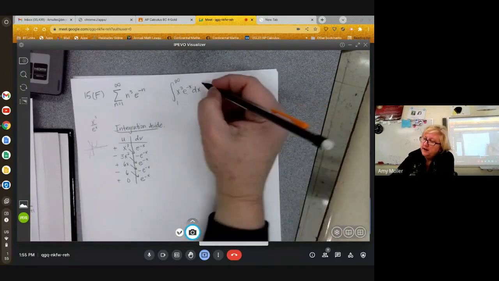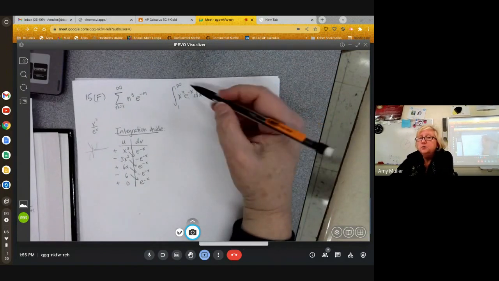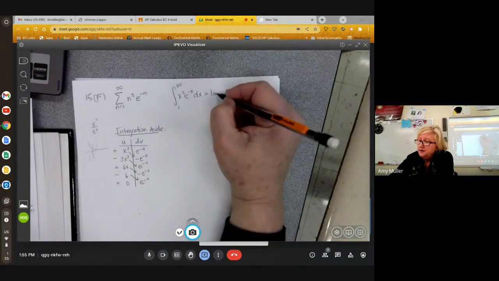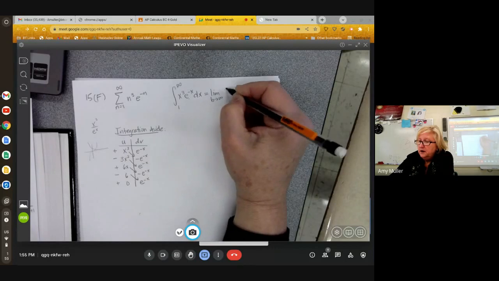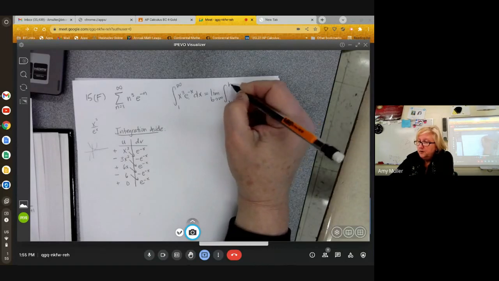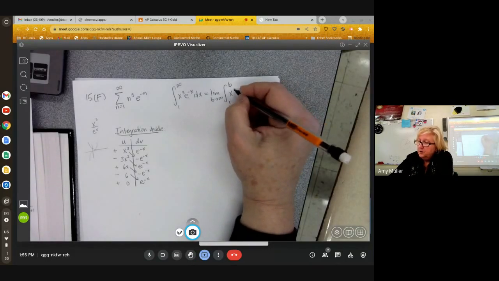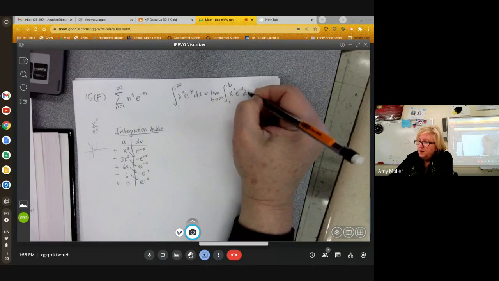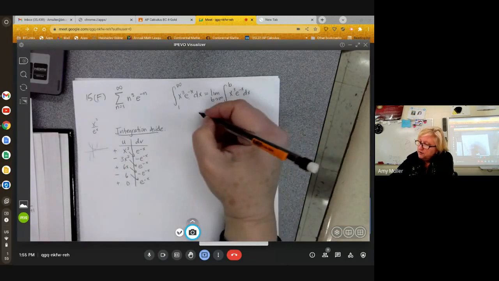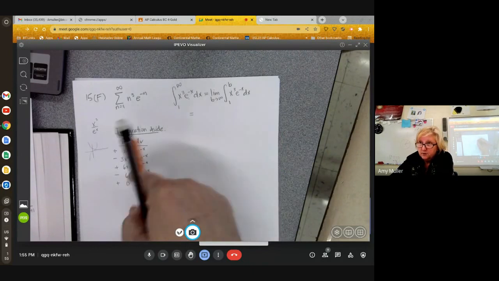Okay, so now we're going to say that this is equal to, since this is improper, the limit as b goes to infinity of the integral from 1 to b of x cubed e to the negative x dx. But we've done all the hard work over here. So I'm going to scoot over, because this is a lot of terms.